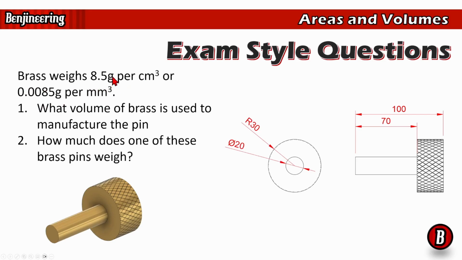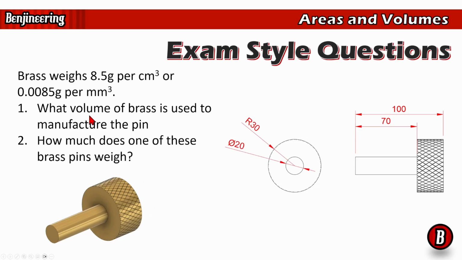It's 8.5 grams per cubic centimeter, or 0.0085 grams per cubic millimeter, because 1,000 of those go into one of those. So using what we've done before, find out the volume of brass that's used to create this pin and how much one weighs.